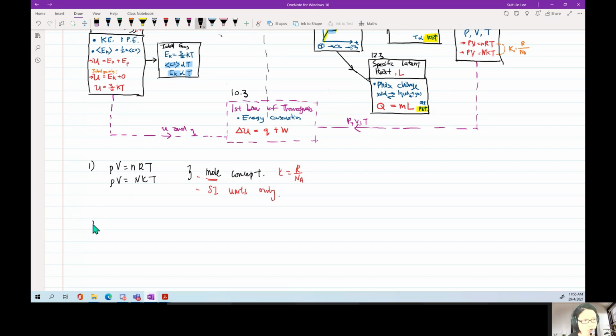Second equation you have to know how to use is P is 1/3 rho c square. This one is given in your question paper. Let me find the question paper. It is given. There we go.